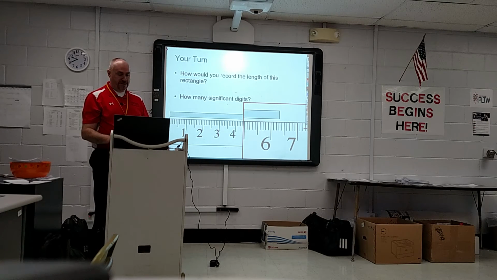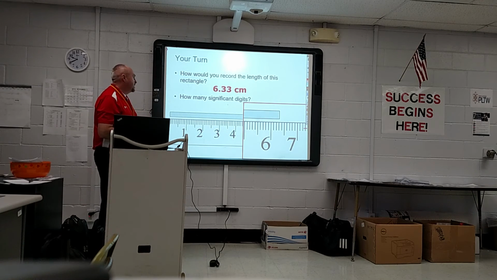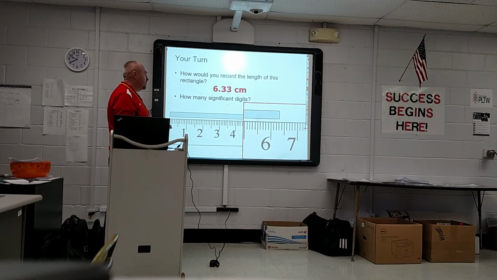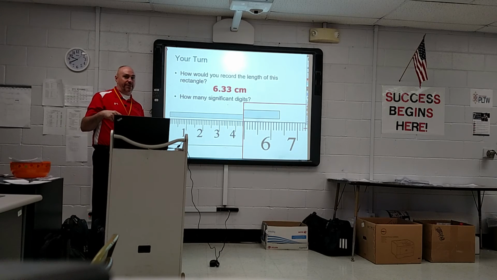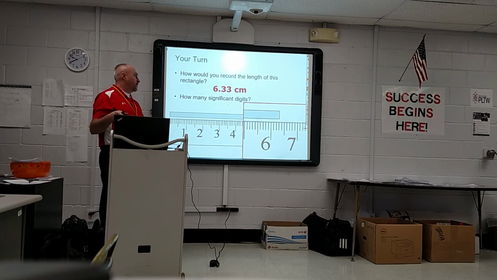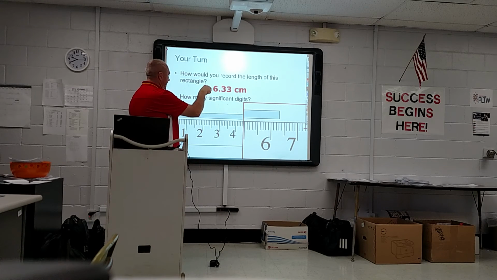3. All right, that is correct. Here's your answer: 6.33 centimeters. Now, if I were to ask you how many certain numbers are in that, that would not be the same as significant digits. Certain numbers would be 2. You're correct, because you got your 6 and your first 3.